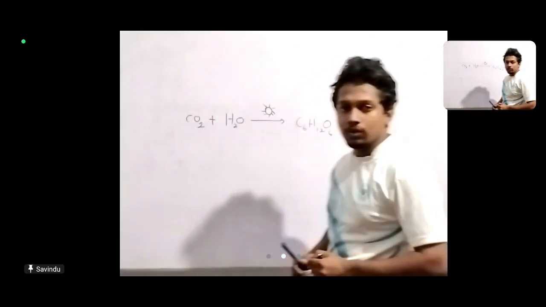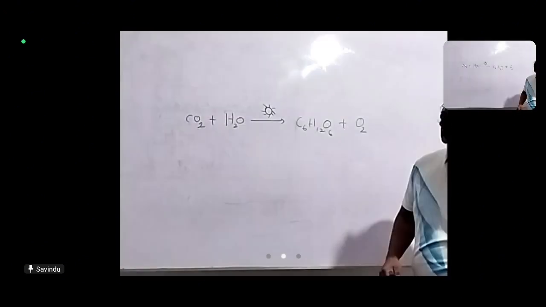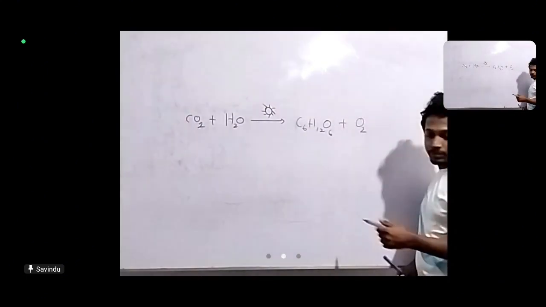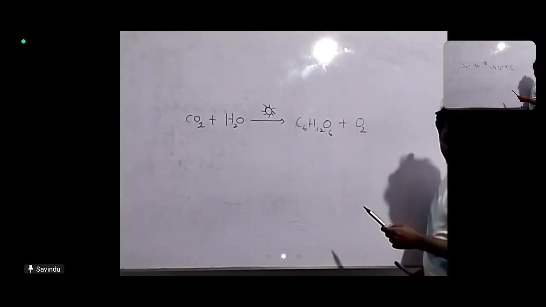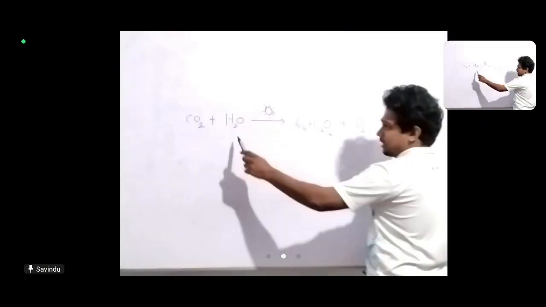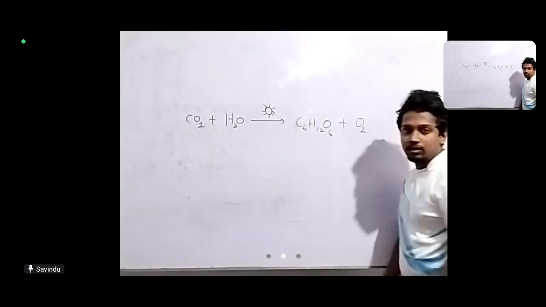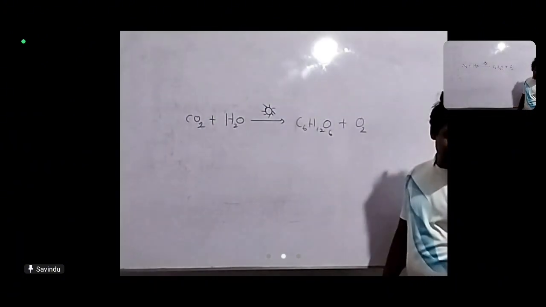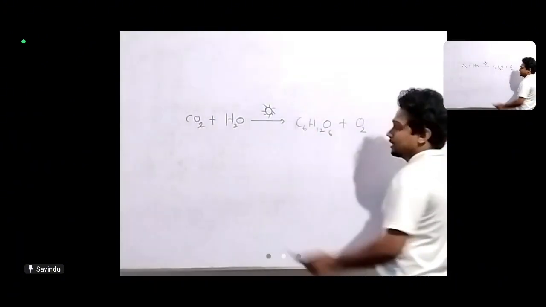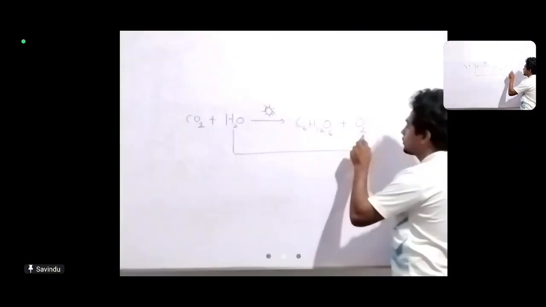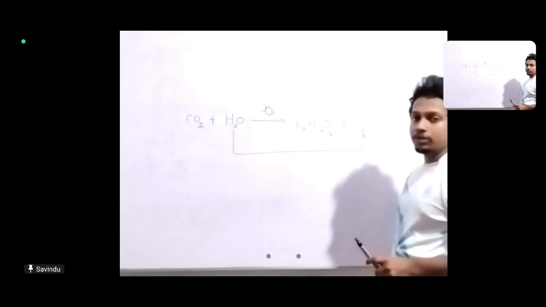But I have taught you that this happens in two separate steps: the light reaction and the dark reaction, or light reaction and then the Calvin cycle. In the light reaction, oxygen is produced.